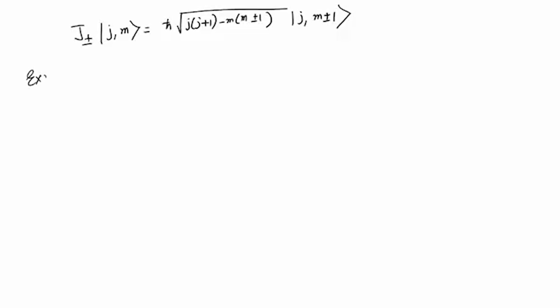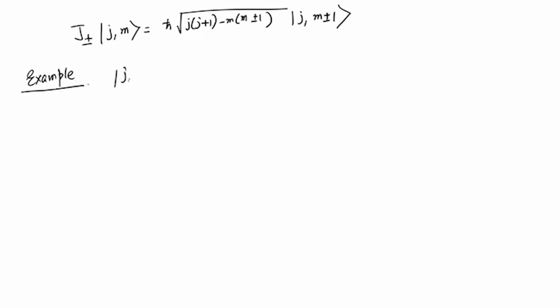So, definitely J and M are not eigenstates of J plus minus, whereas they are eigenstates of J square and Jz, but these are important for us. Let us take a simple example.